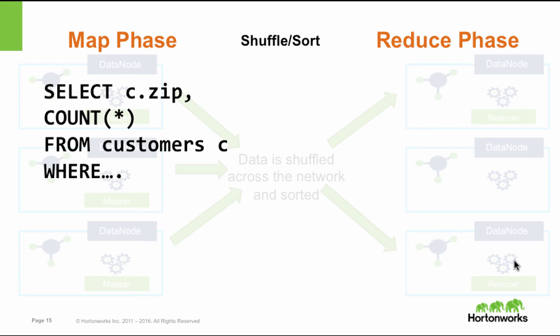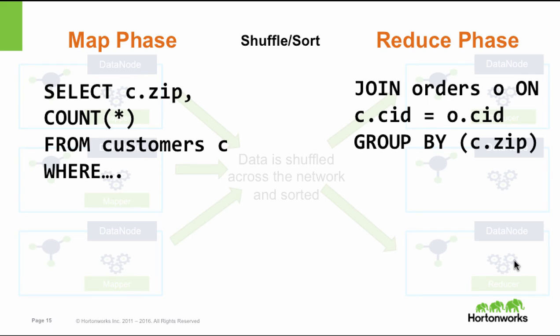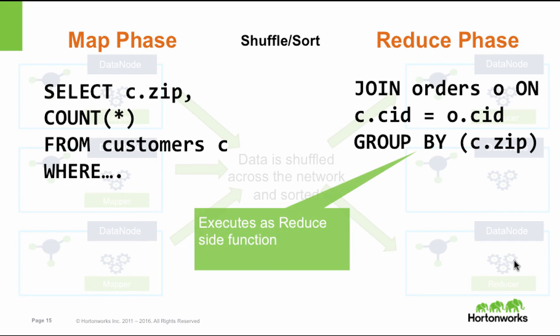Select, give me this column, that column, etc. Those happen behind the scenes in this map phase, but there are definite key statements you're going to ask, like join, where we have to resolve this information and finalize the answer, aggregate it in the reducer phase. So this is all going to happen as a reducer side function.